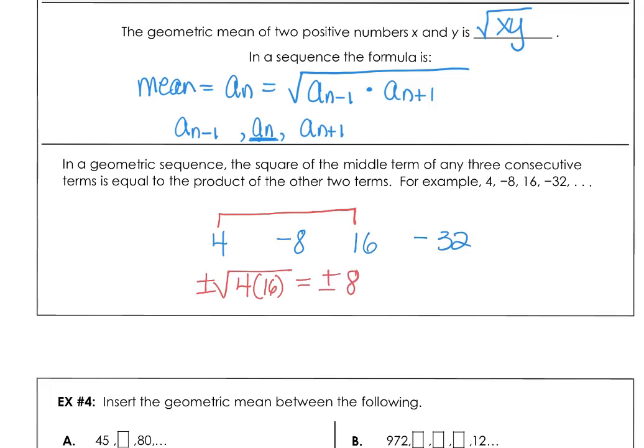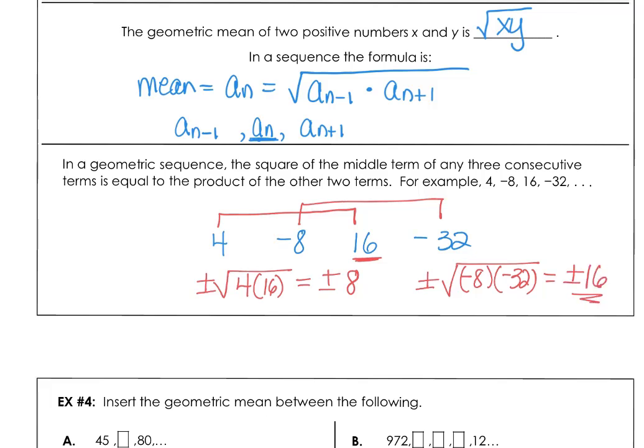And then between -8 and -32, in this case we're wanting the positive, so -8 times -32 is going to give us that plus or minus 16.